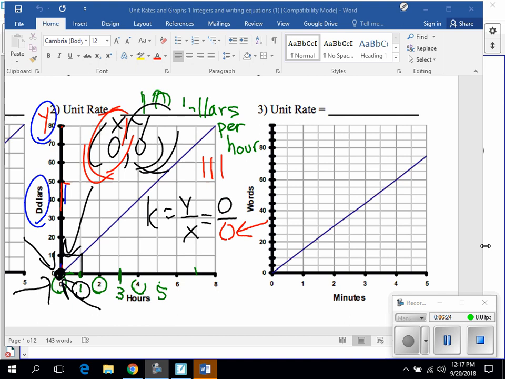What we call this in math is undefined. On your calculator, it would say error, and then it might say not real or something like that. So it's undefined. You can't divide by 0. So the only point you can't choose when you're trying to find unit rate is 0, 0.